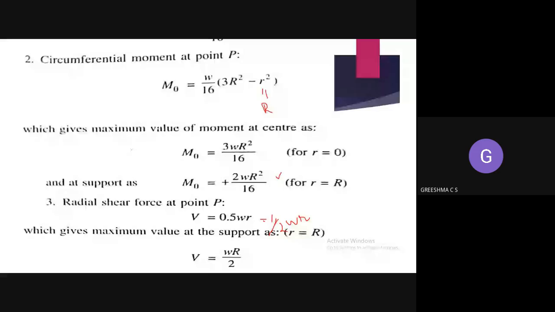You can always tell: maximum shear force always occurs at the supports. Whether it is for a rectangular slab or a rectangular beam, wherever it is, the maximum shear force will always occur at the supports. Why? Can you please tell me why?